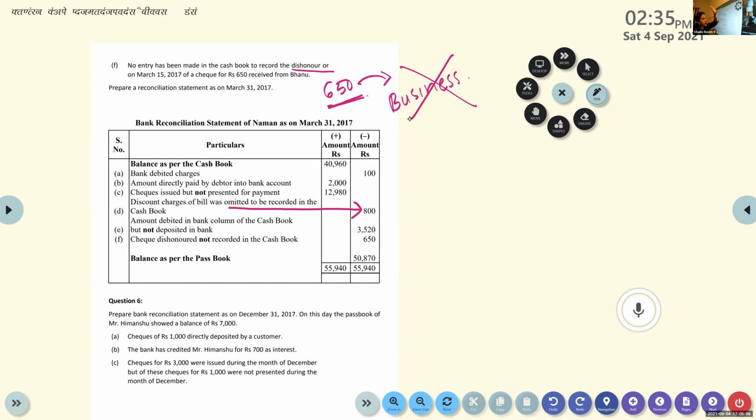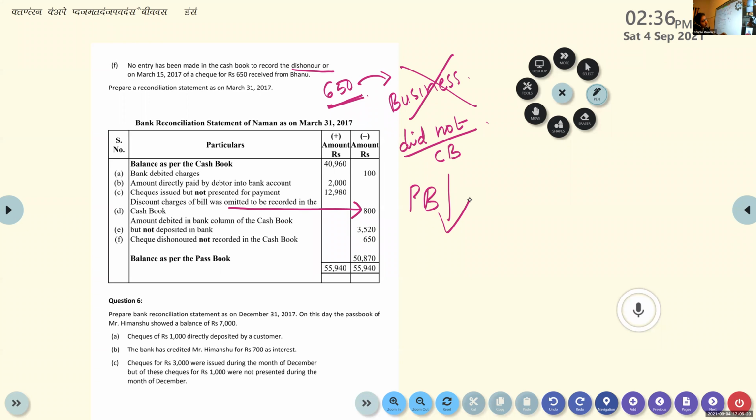Business did not know this. Because of that, the business did not mention it in the cash book. Already in the passbook, it is mentioned that 650 is not received.